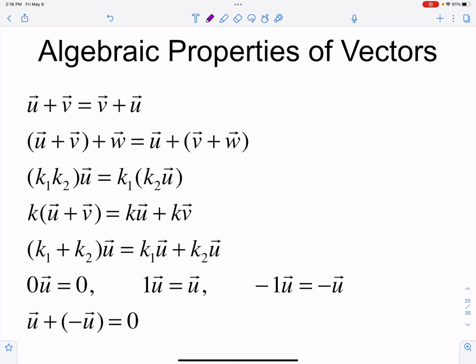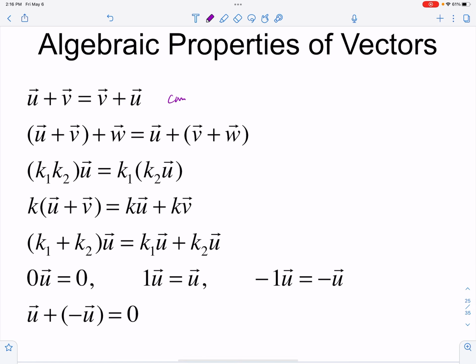Similar to the properties of real numbers, vectors have a commutative property, like vector u plus vector v is equal to vector v plus vector u. So this is the commutative property of addition, okay? There's also an associative property of addition.